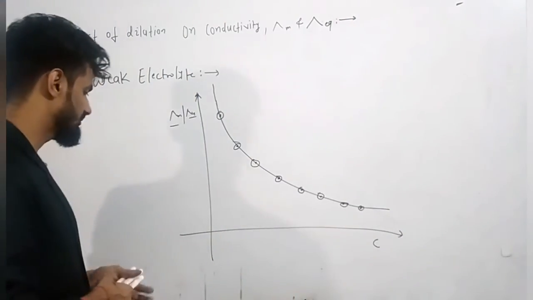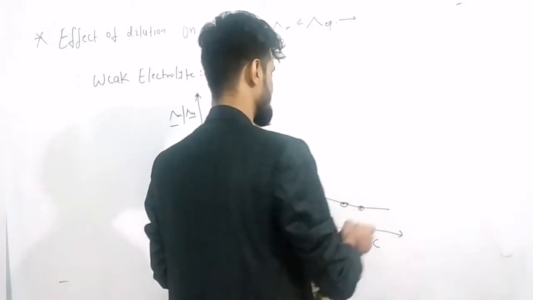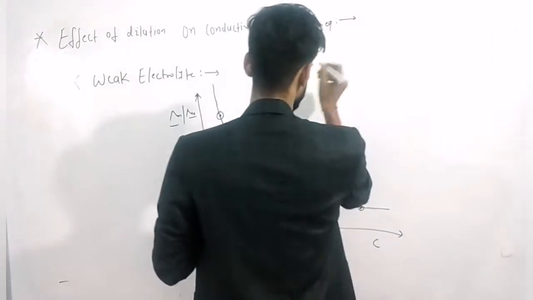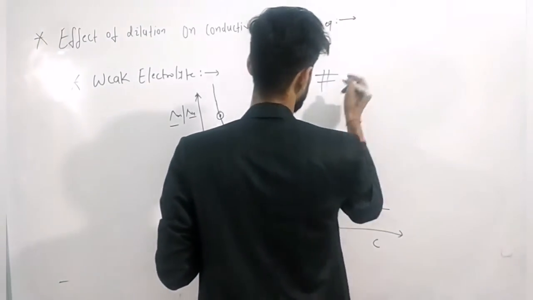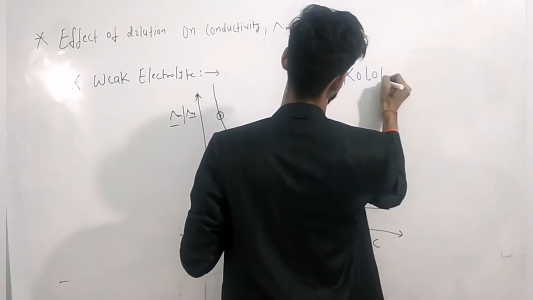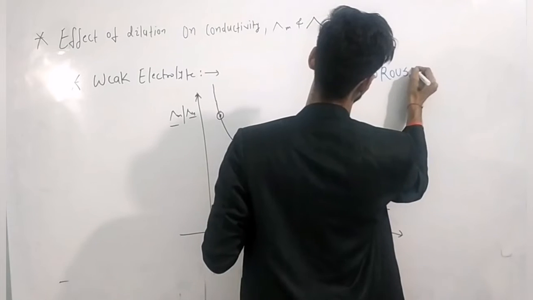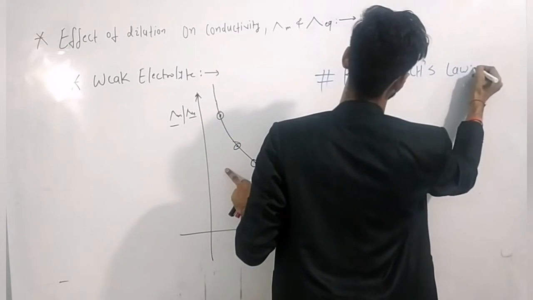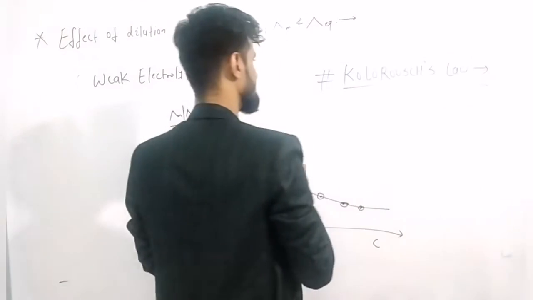Kohlrausch's law, what does Kohlrausch's law say, understand one thing. In this theory we used to study, I am just writing the name because it's very confusing. Kohlrausch's law, and I am here writing in bold letters.